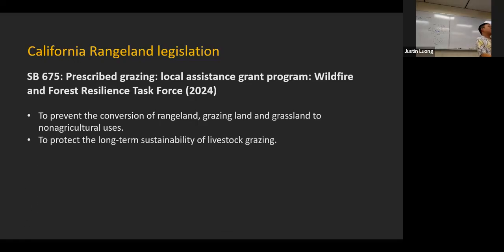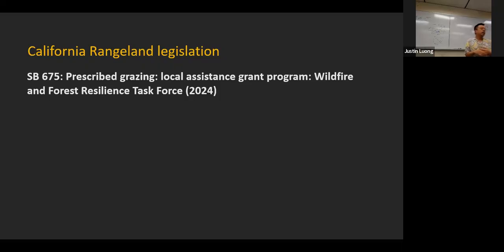This was just passed last year. It is a Senate bill. That's what S stands for, Senate, and A stands for Assembly. It is used to hopefully incentivize and make it easier for people to utilize livestock grazing on landscapes, especially for fuel reductions.